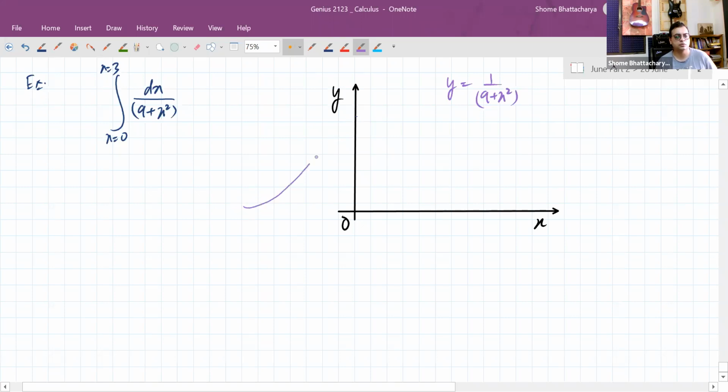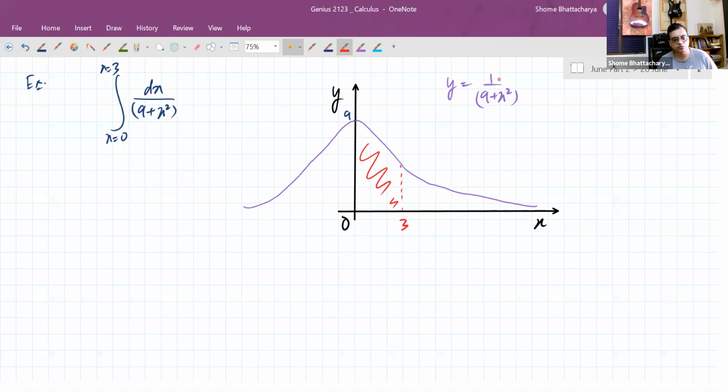Some kind of curve like this, and this point is 9. So 0 to 3, we are just calculating this area. At 3, you can see what the value would have become: it would have become 1 by 18.